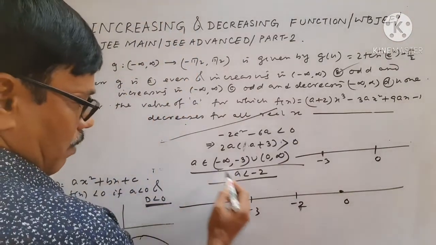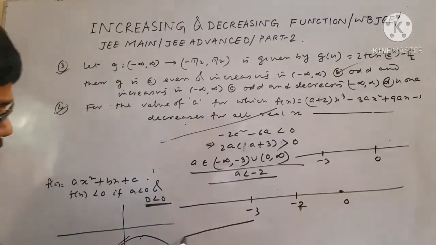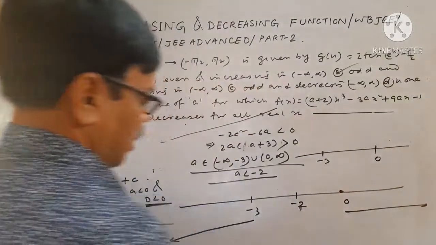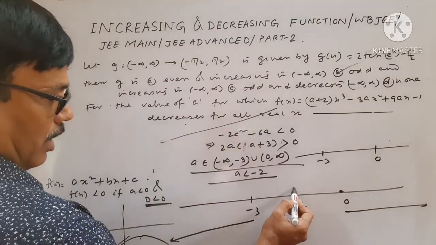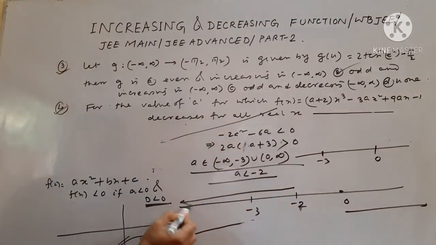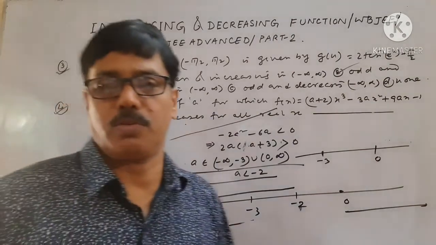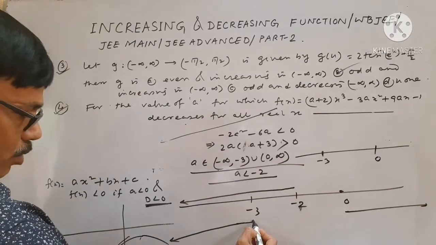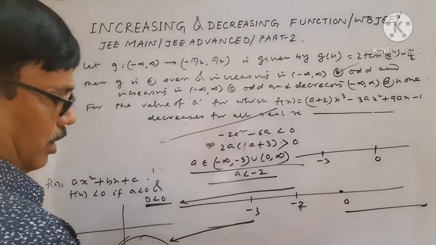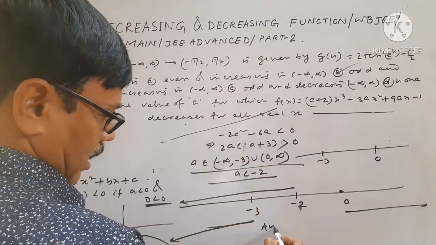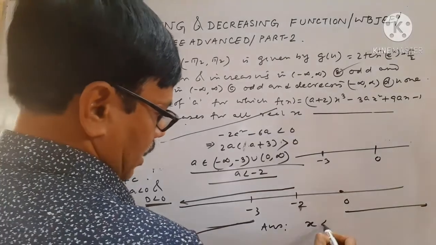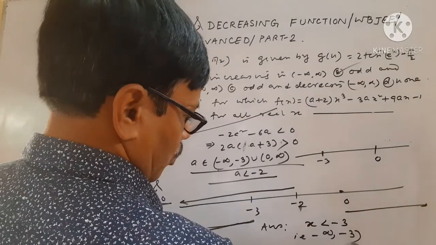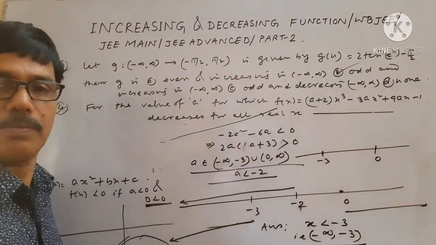So a belongs to minus infinity to minus 3 and 0 to infinity, and the second one is a less than minus 2. So what is the common part? The common part is less than minus 3, that is minus infinity to minus 3.